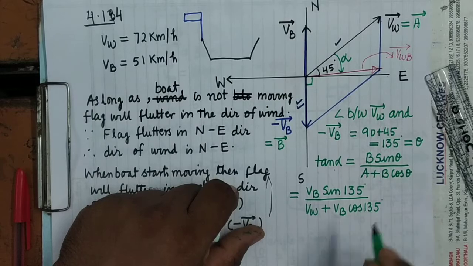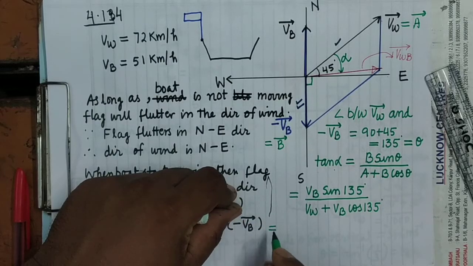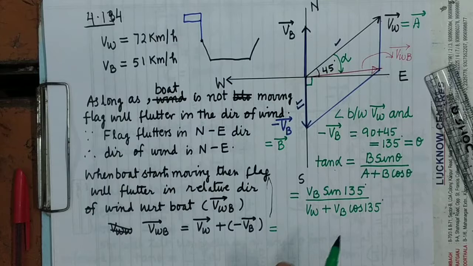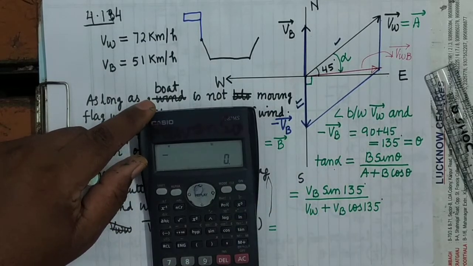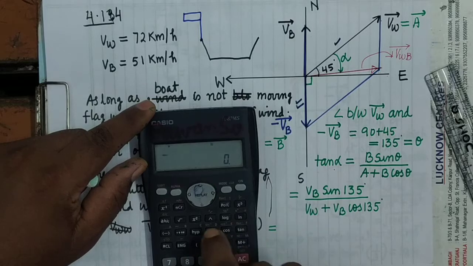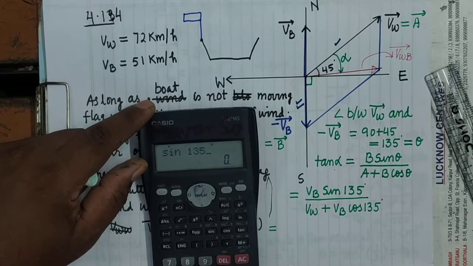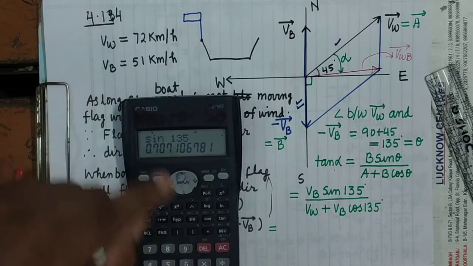Now you simplify here. Sin 135 is 0.707.